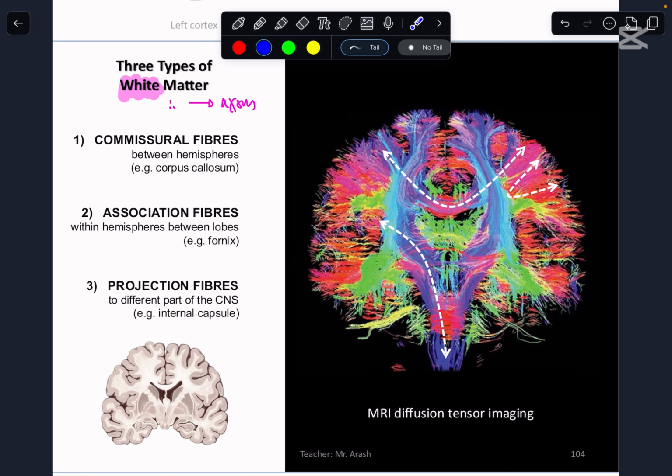Remember, not a single part of the brain works in isolation. Every part of the brain works with other parts of the brain. So there must be connections between different parts of the brain, and these are the connections. The association fibers, number two, are the ones that connect the lobes. So that would be these guys here. Maybe I should label them for you.